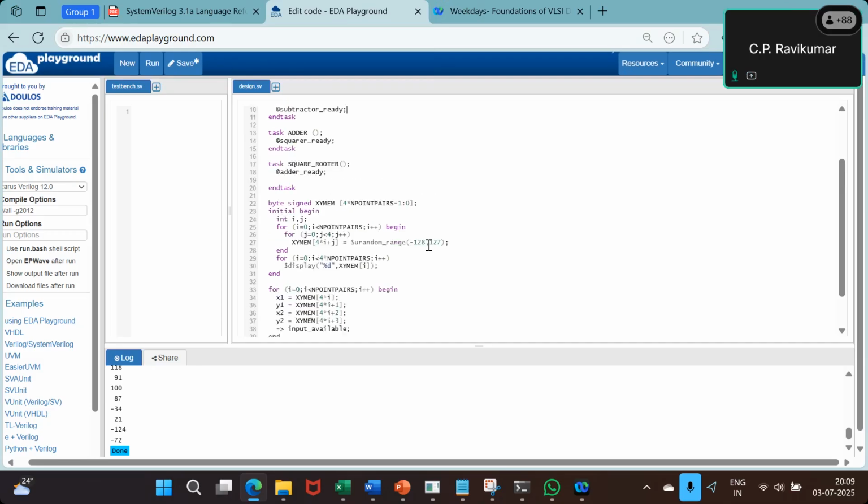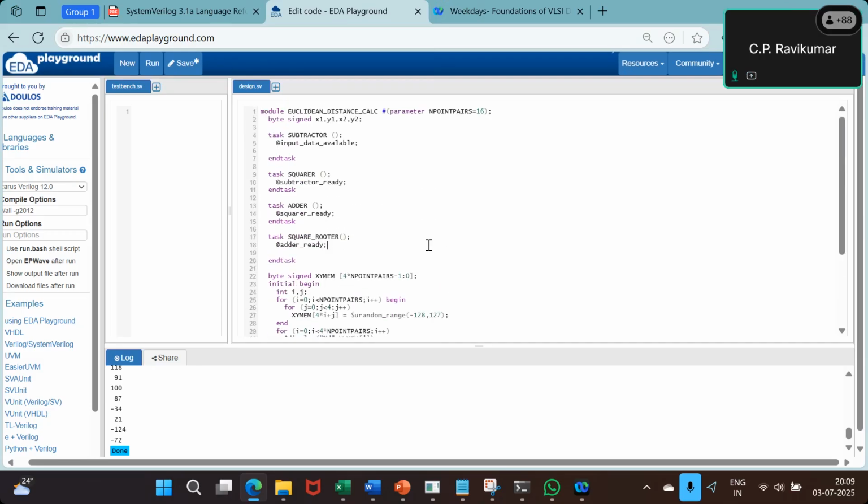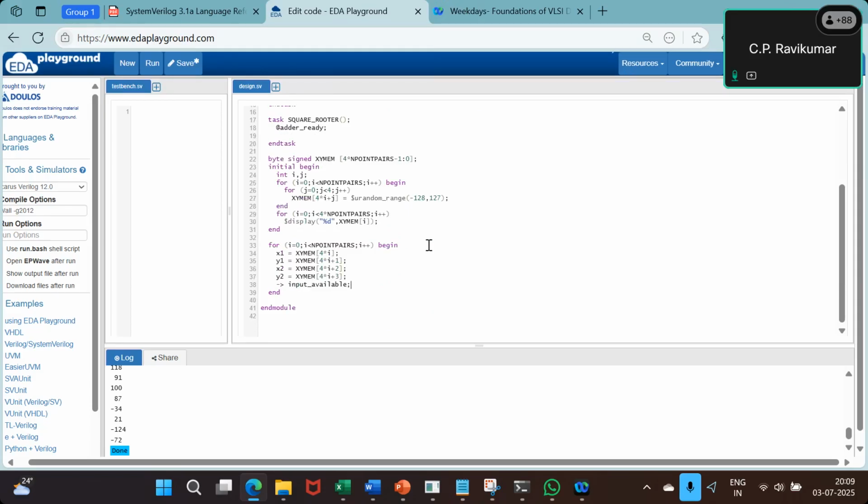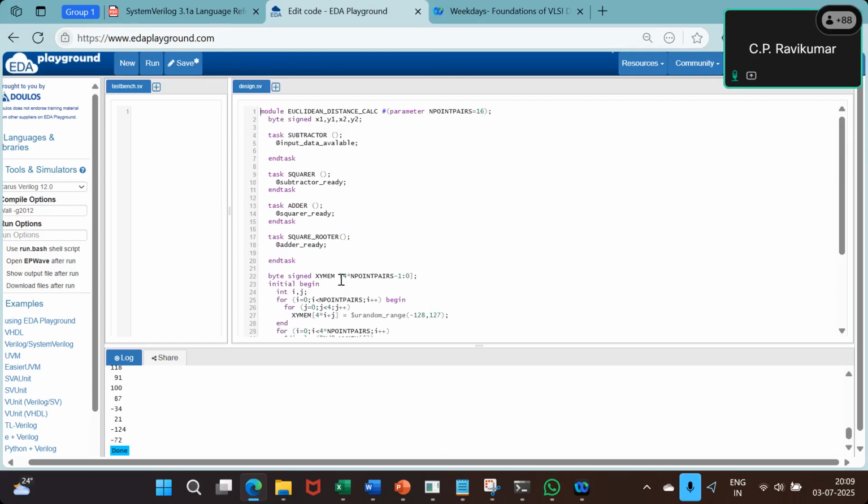See, this is what it was waiting for, input data available. So put the four pairs into x1, y1, x2, y2, and then tell the subtractor process that your input data is available. And input data available is what is called an event.